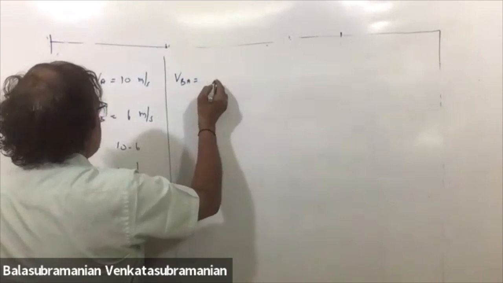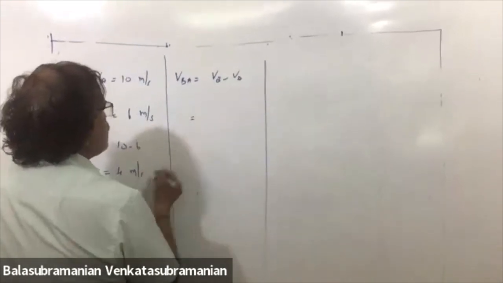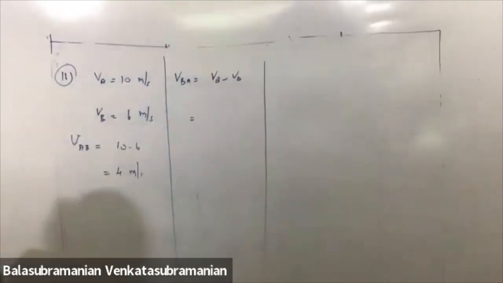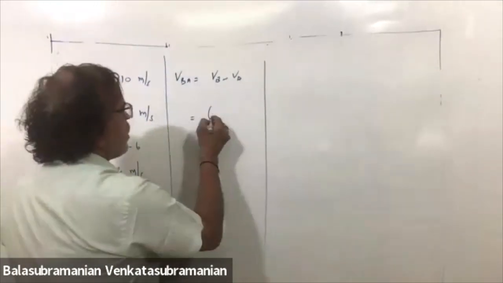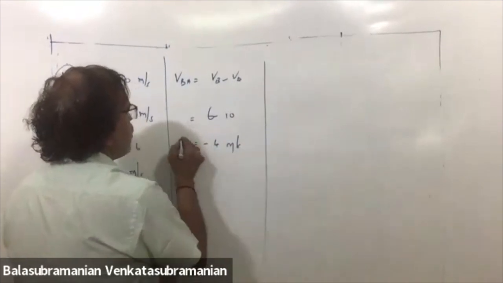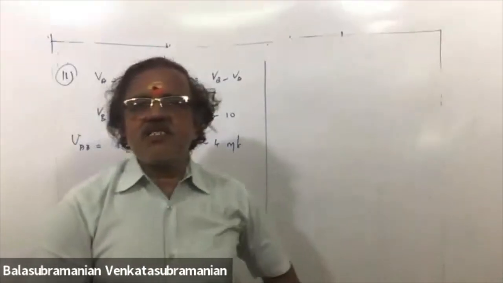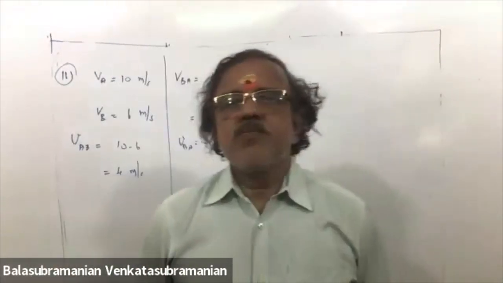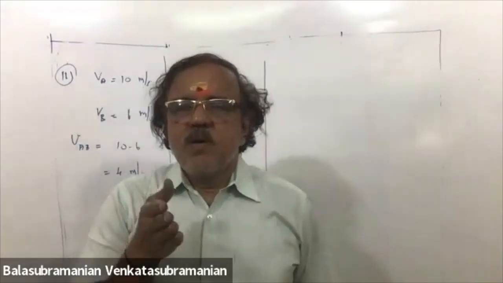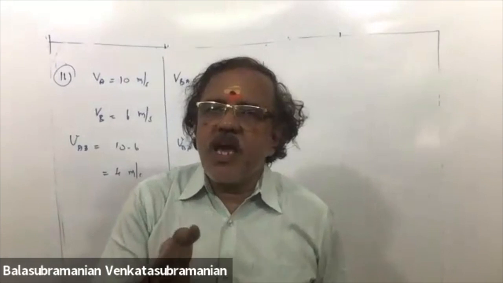VBA, that is VB minus VA. What is VB? 6 minus 10, minus 4 meters per second. Negative velocity is indicating body B is moving slowly, body A is moving.